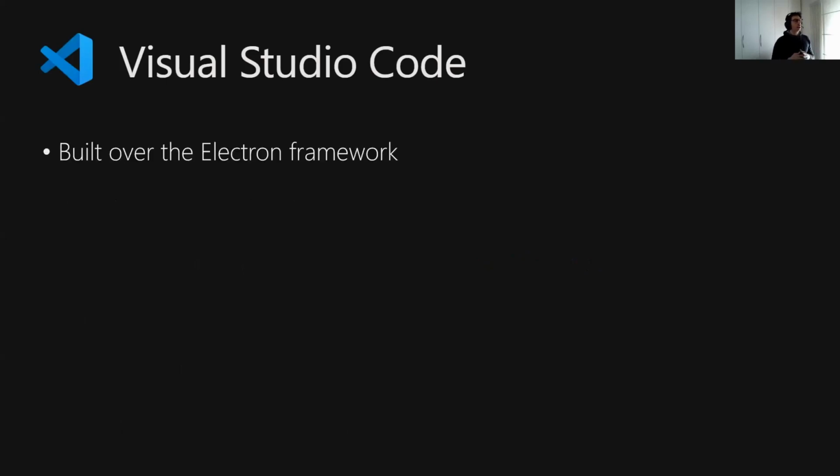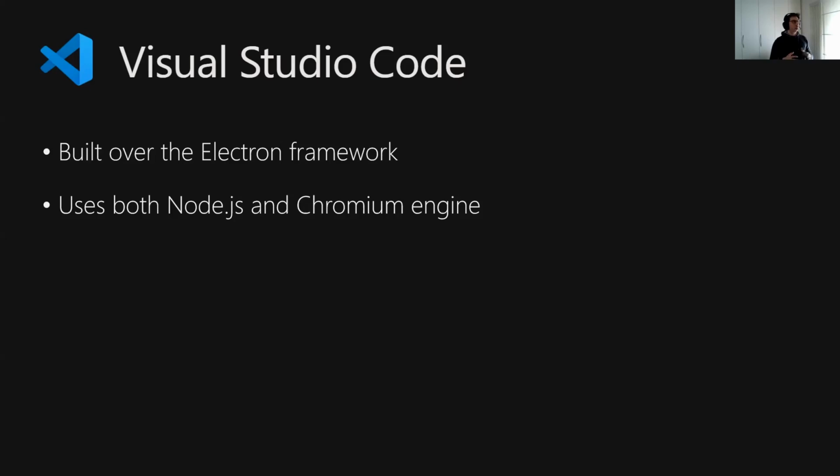So VS Code is built over the Electron framework, which is a framework that allows us to create desktop applications using web technologies. Usual HTML, CSS, and JavaScript. Because of that, it uses both Node.js, which acts as a sort of local backend, and the Chromium browser engine, which is used to render UI elements on screen.